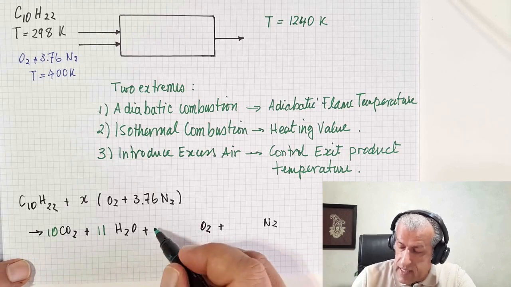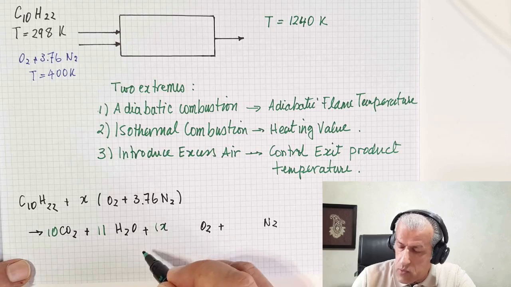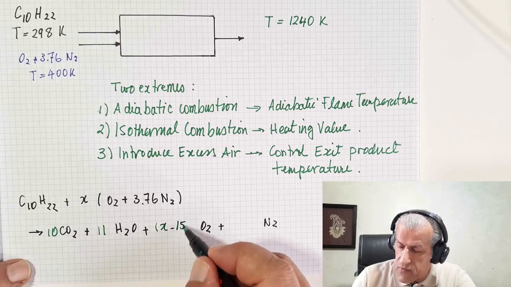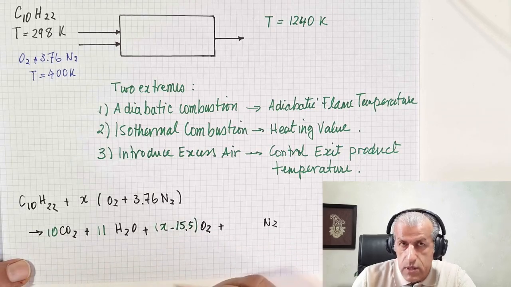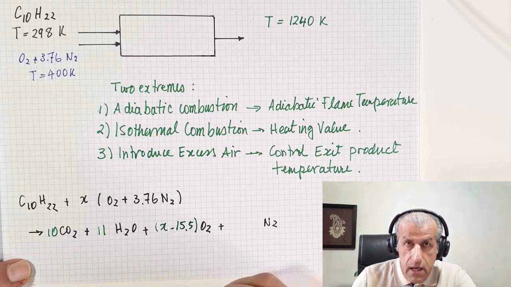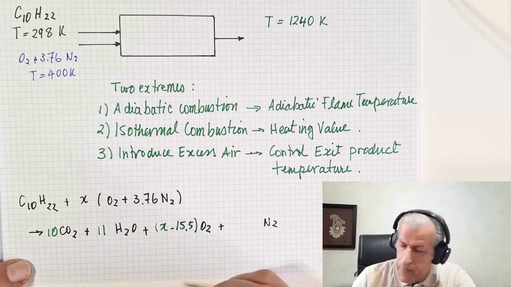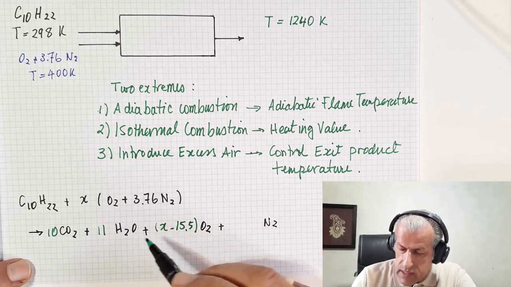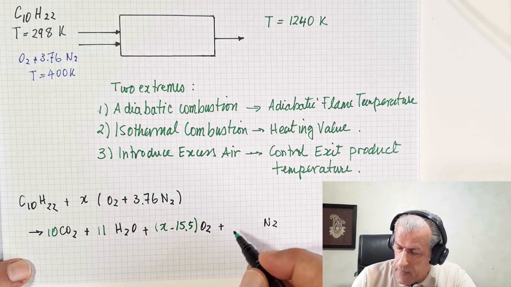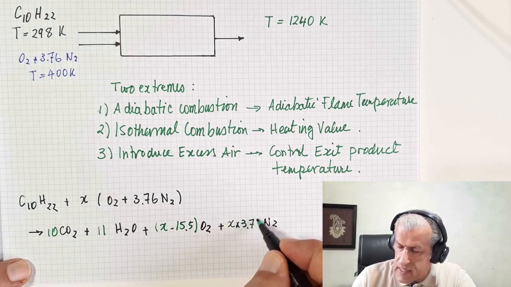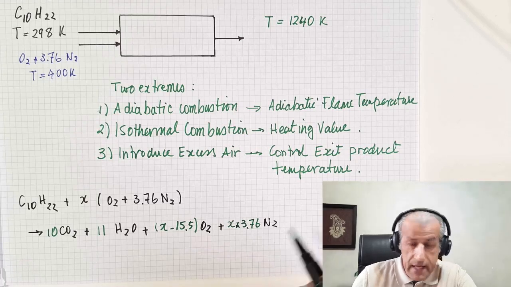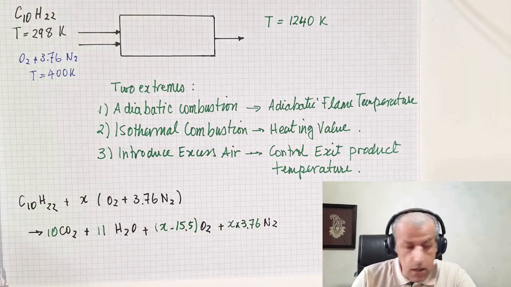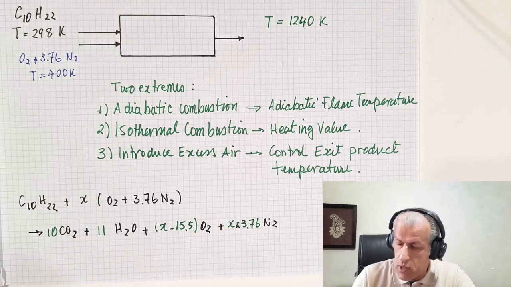There was X O2 to begin with, minus 15.5. That would be the number of oxygens on the right-hand side. And now for nitrogen, it would be just X times 3.76 nitrogen, and that balances our combustion equation.